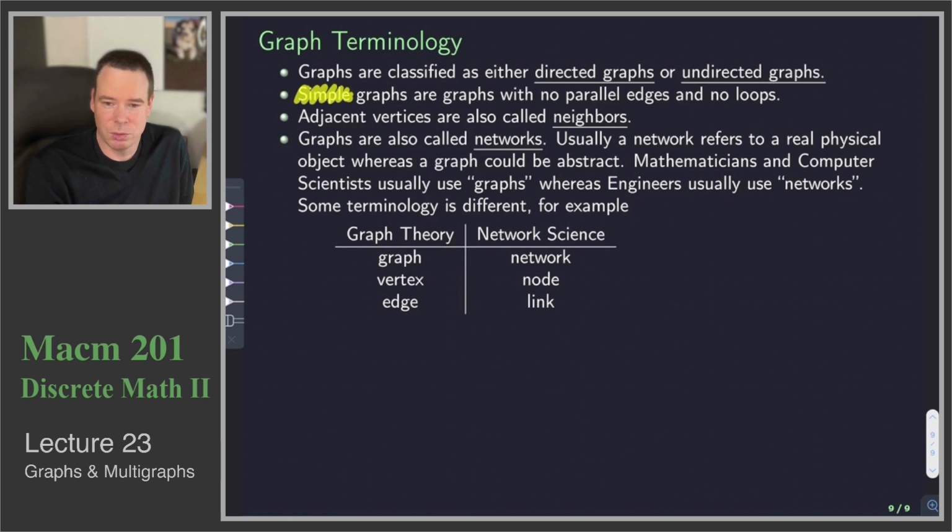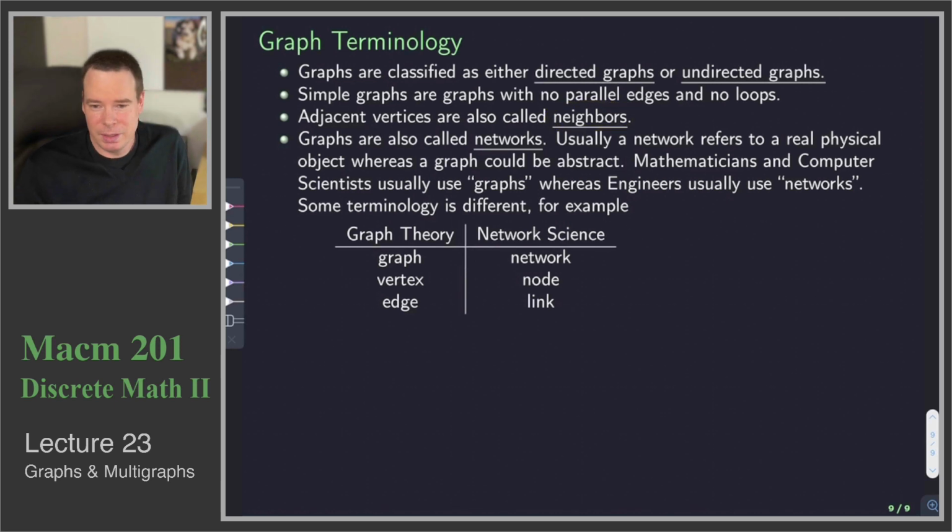These are just going to be called graphs, because if they do have a loop or a parallel edge, then that's what we call a multigraph. So for the most part, you'll never hear me say the word simple graph. Grimaldi in our textbook uses the word simple graph, and it's meant to capture no parallel edges and no loops. But for us, when we say the word graph, there's no reason to add the word simple in front, because that would be redundant. Vertices that are adjacent are also what we call neighboring vertices.